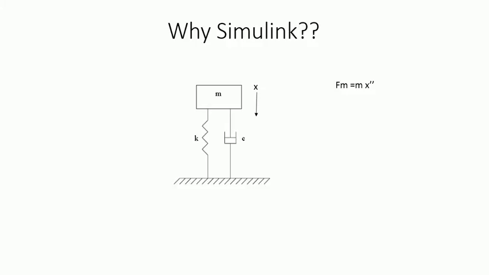So here the force due to the mass is m times the acceleration. This force is in the same direction as the displacement. Now the next thing, the damper. Damping force is proportional to the velocity, but the damping force is always in the opposite direction to the displacement. That is this negative sign.